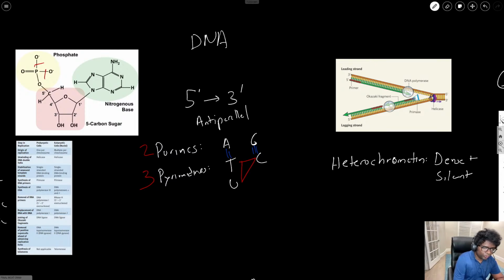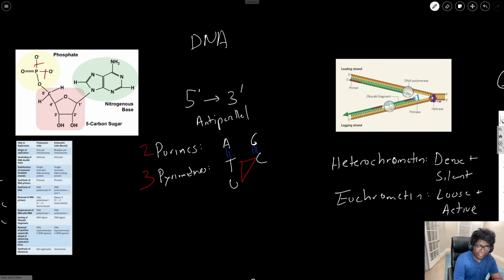It's present in your histones. Euchromatin, on the other hand, it's loose and active. Active and silent, I'm talking about in the presence of transcription and translation. Mostly transcription.